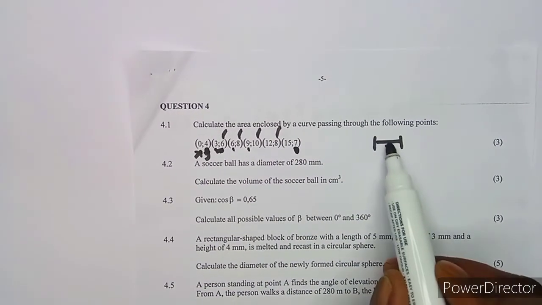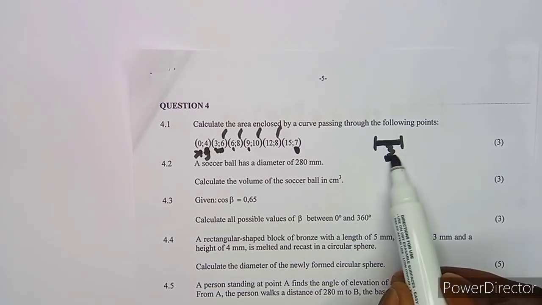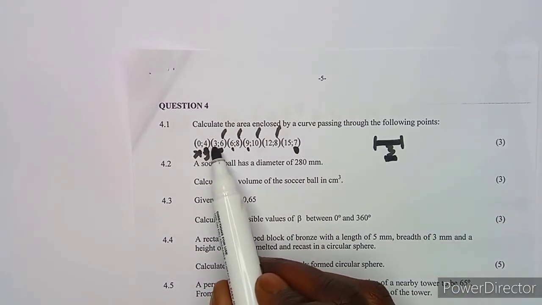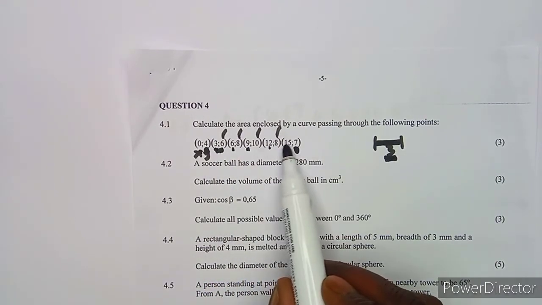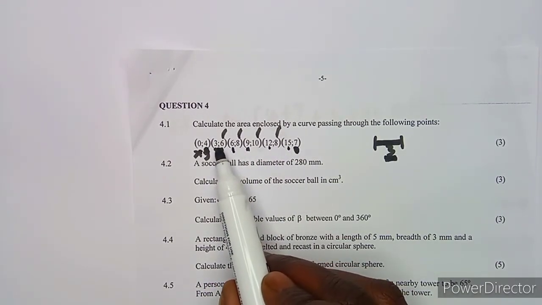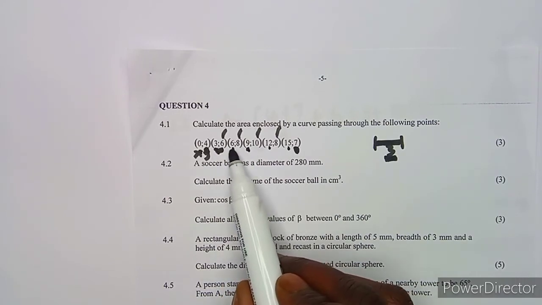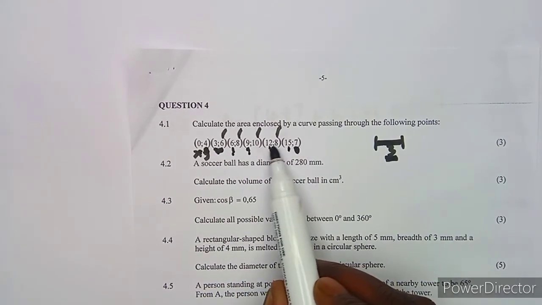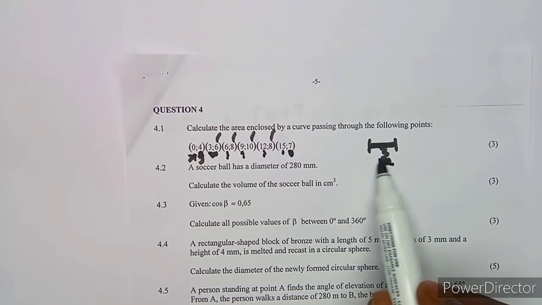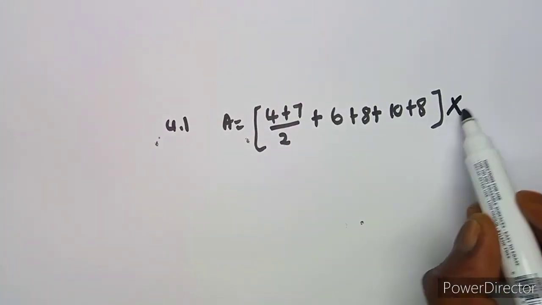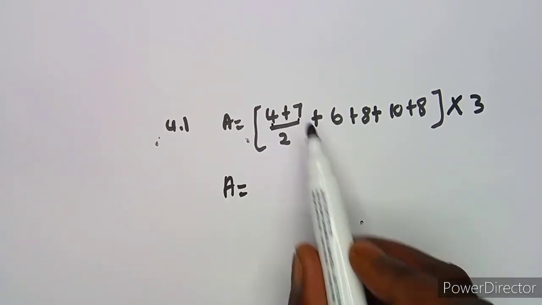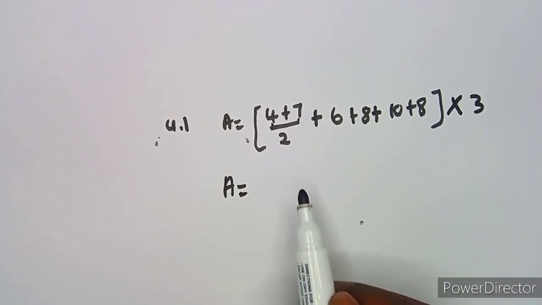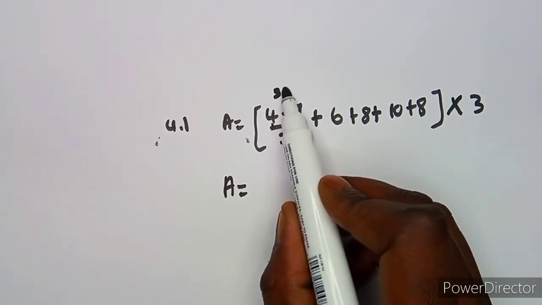The values of x, like I said, they give you the interval. That's why you see there is the same difference: 0, 3, 6, 9, 12, 15. If you subtract, 6 minus 3 is 3, 9 minus 6 is 3, 12 minus 9 is 3, 15 minus 12 is 3. So that is the interval that you're going to multiply with. So you multiply by 3. So A is equal to, you add 4 plus 7 divided by 2, which is going to be 5,5.